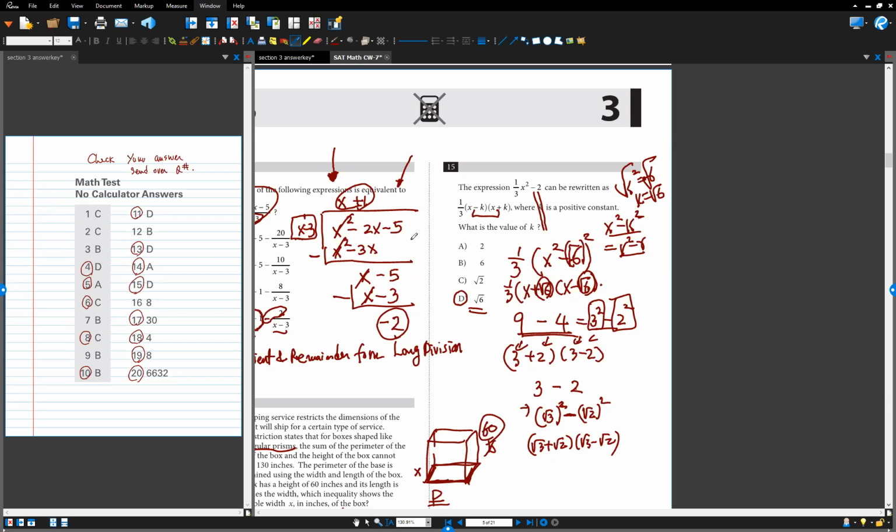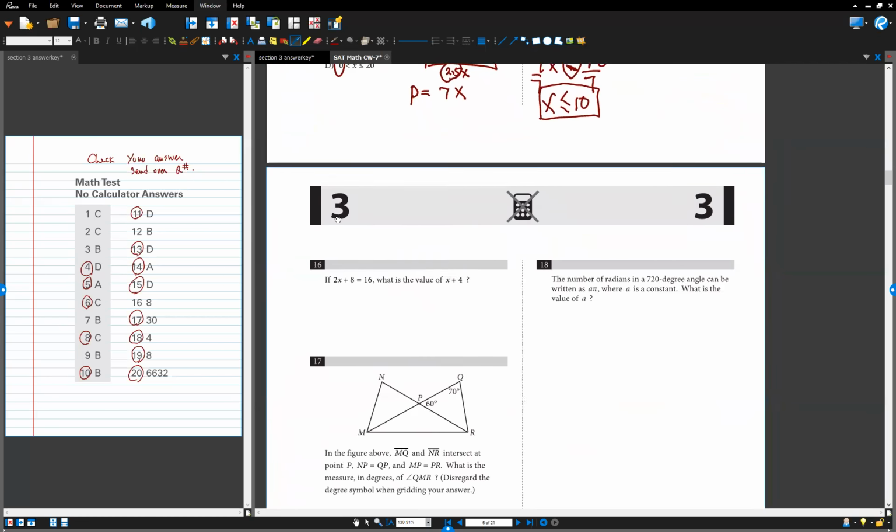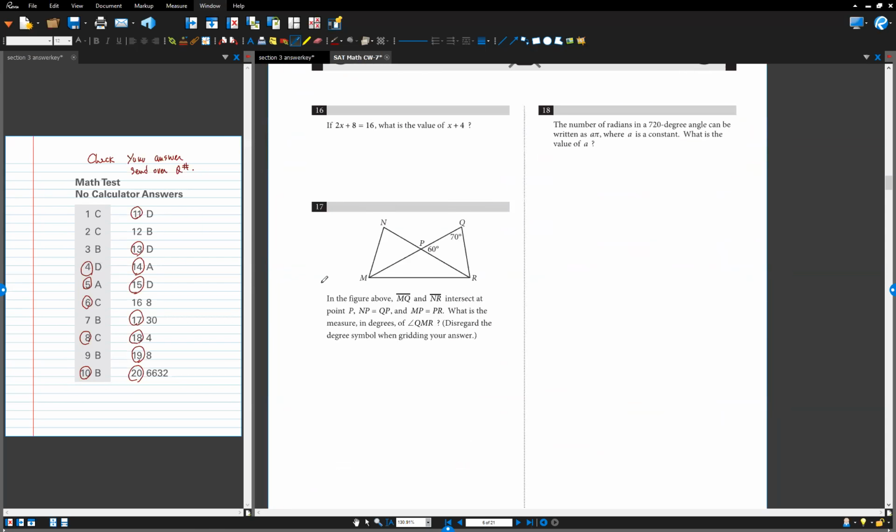That is number 15. Any questions on number 15? All right, number 17. NP equals QP. These two sides are equal, and MP equals PR.